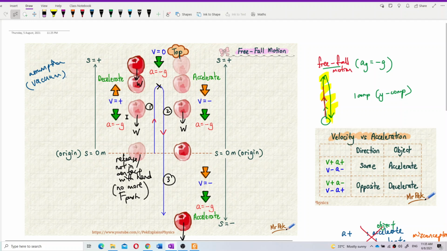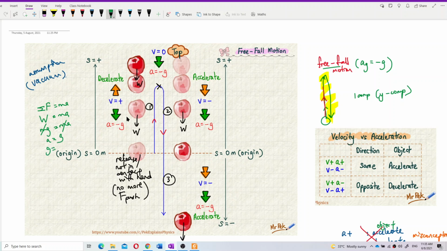Because the resultant force, equal to ma, is only the weight. So mg equals ma, so a equals g, or we can say a equals negative g because it is downward.